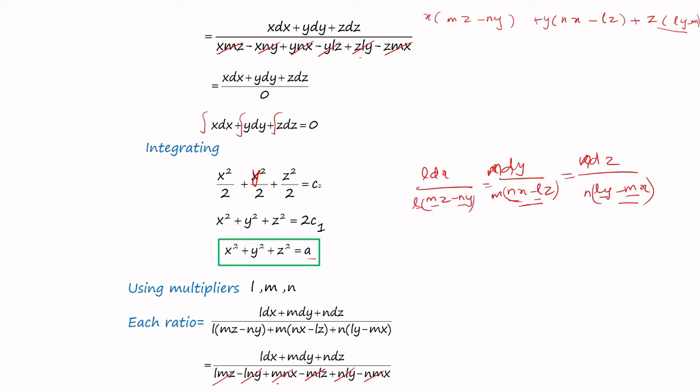The denominator becomes 0. So l dx plus m dy plus n dz by 0 is each ratio, since we are equating all the ratios. When you take 0 to the other side, the ratios into 0 become 0. So you have l dx plus m dy plus n dz is equal to 0. From that we integrate, and we get the second independent solution.